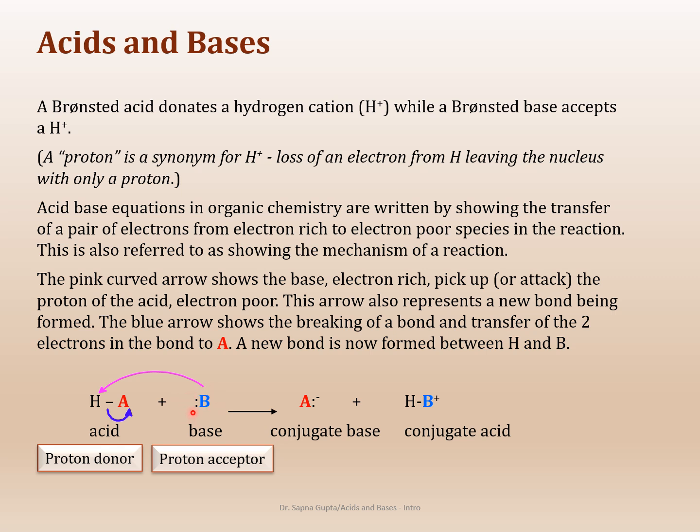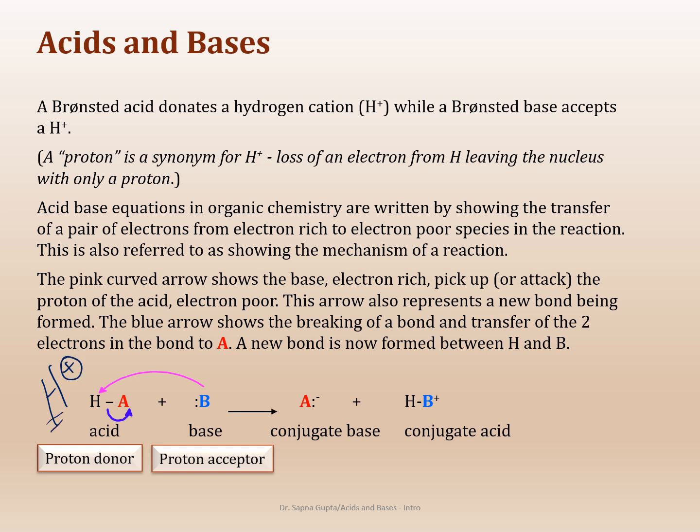You can see the lone pair of electrons, and it is picking up a proton. So this is a proton acceptor, and the acid here is HA, which tells you that this is a normal Bronsted-Lowry kind of acid because that's a proton donor, which means it is giving the proton. When we say it is giving a proton, what does that mean for us? Again, the proton was H+.